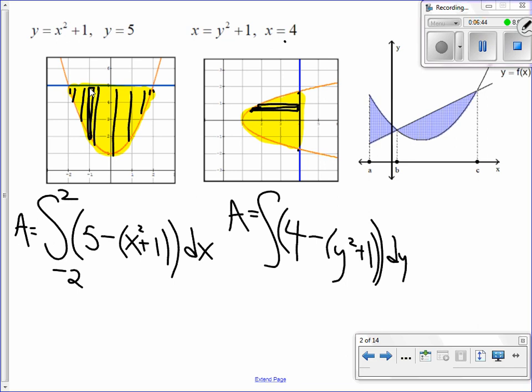So if you want the y coordinates of where they intersect, set what x equals on one equal to what x equals on the other. Because when they intersect, their x coordinates are the same. That's why you can do that. So on one, y squared plus 1. When they intersect, that must equal x on the other, which is 4.